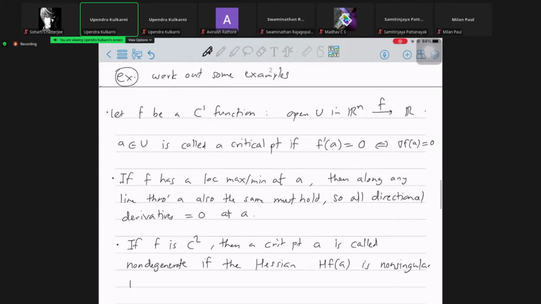In other words, the determinant of Hf of A, remember it's a square matrix, so I can take its determinant, and the matrix being non-singular as an operator is really the same thing as the determinant being non-zero.